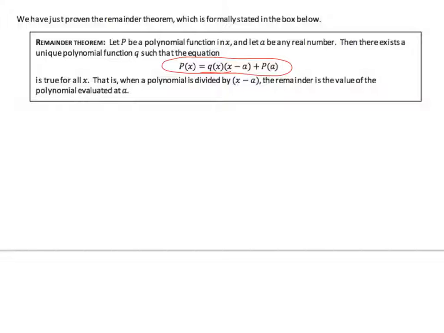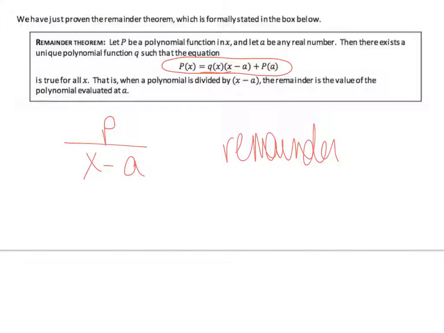And it's true for all x. Okay, when a polynomial is divided by x minus a, the remainder is the value of the polynomial evaluated at a. Okay, let's have some fun with that.